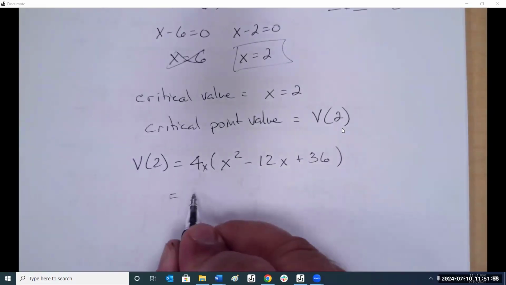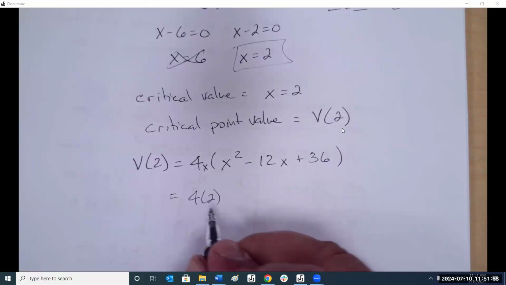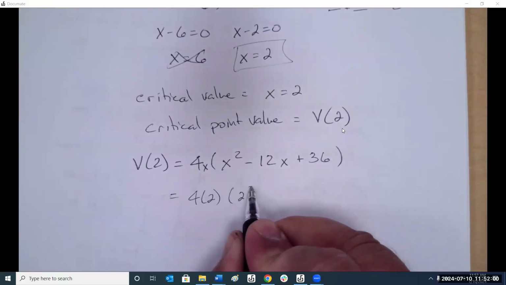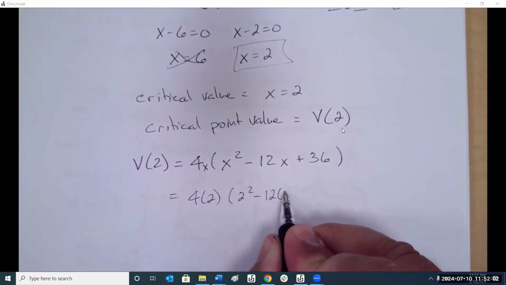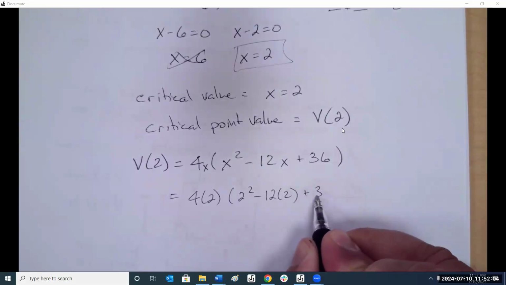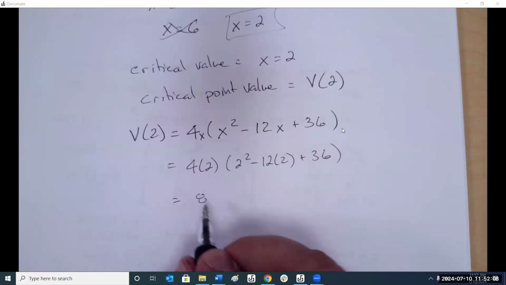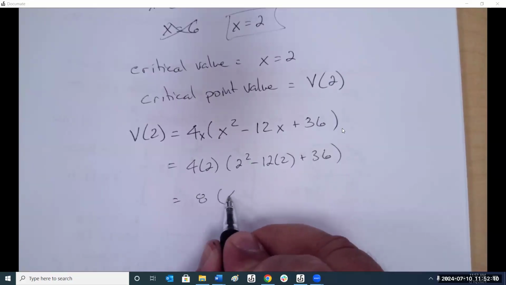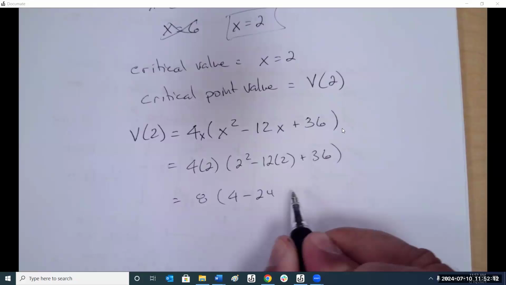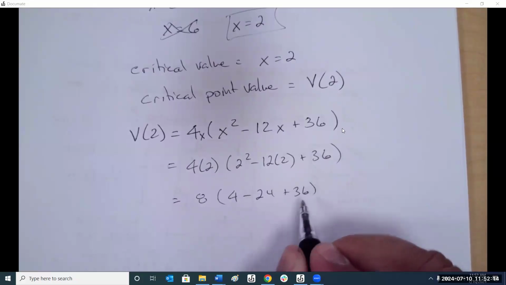So plug in 2. We get 4 times 2, times 2 squared minus 12 times 2 plus 36. Four minus 24 plus 36.